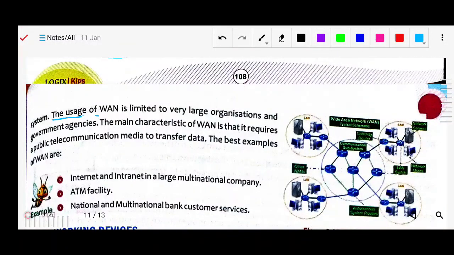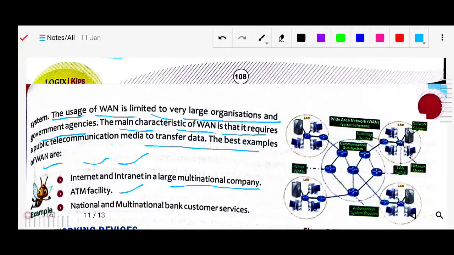The use of WAN is limited to very large organizations and government agencies. The main characteristic of WAN is that it requires public telecommunication media to transfer data. The best examples of WAN are the internet and intranet, large multinational companies, ATM facilities, national banks, and multinational bank services.